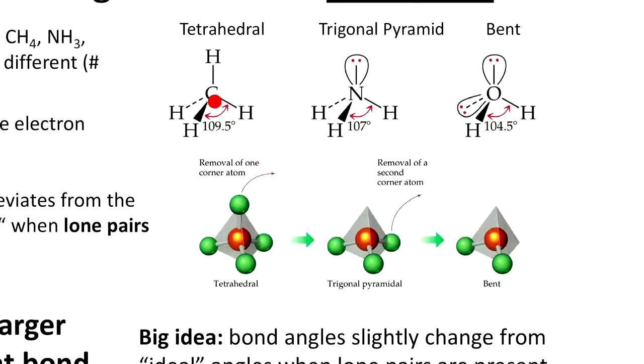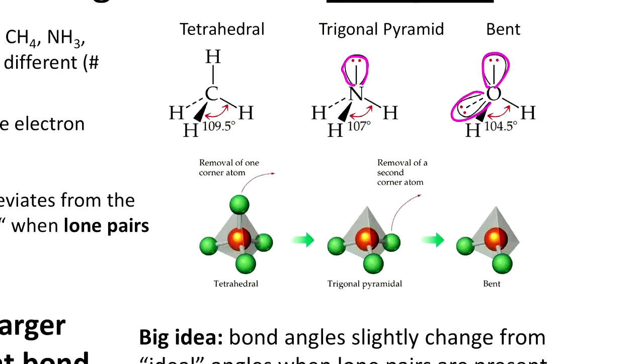So here's an example. Here's CH4. This has an electron domain of 4. Same thing with NH3 and water. All of these have an electron domain of 4, so they all have a tetrahedron as their template. But the difference here is that in ammonia, there's one lone pair. In water, there are 2 lone pairs.